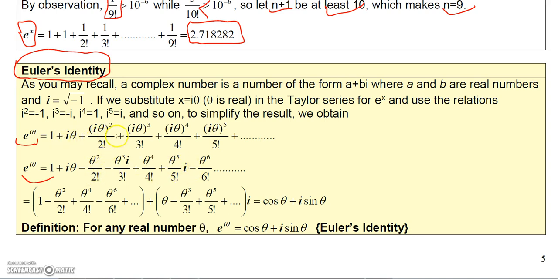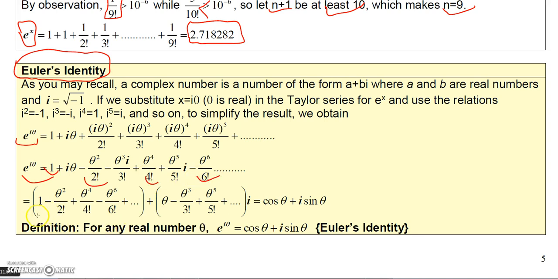And then if you break this up just the right way, you can take all of the real terms here. This is a real term, this is a real term, this is a real term, this is a real term, and put them by themselves.